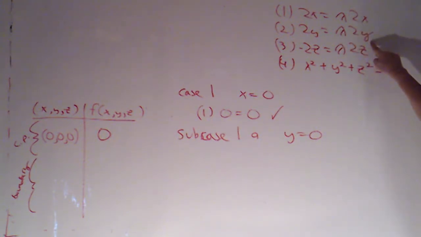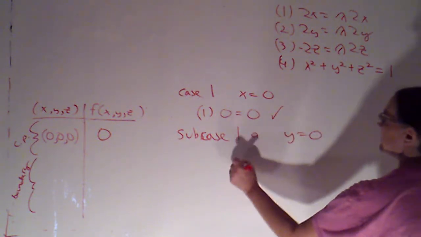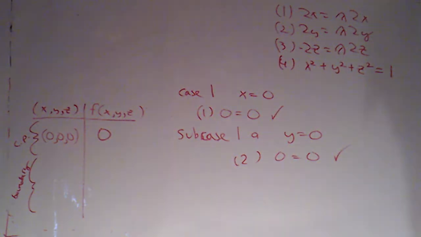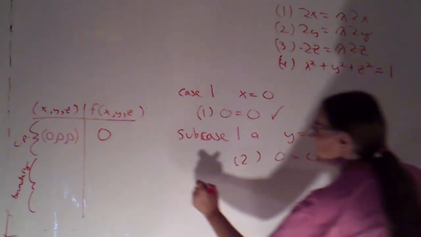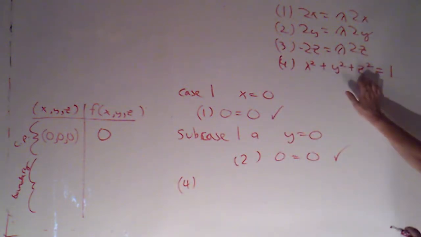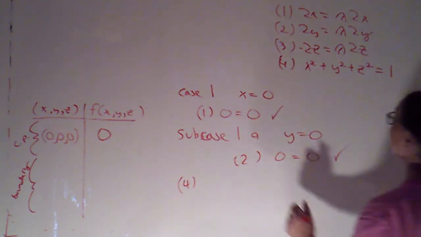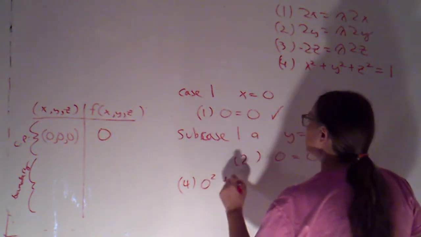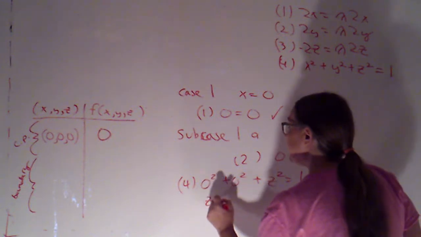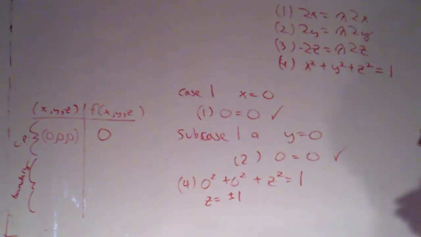Okay, so if y is 0, then equation 2 becomes 0 equals 0, and so that equation is true. Okay. Now I'm going to jump to equation 4, because once I know an x and a y, I'll be able to solve for z. Okay, so 0 squared plus 0 squared plus z squared equals 1. Z is plus or minus 1.